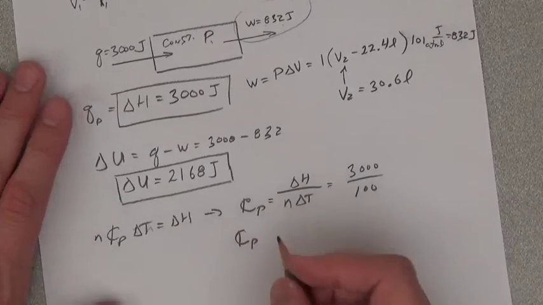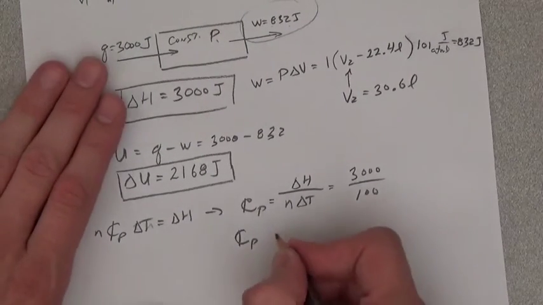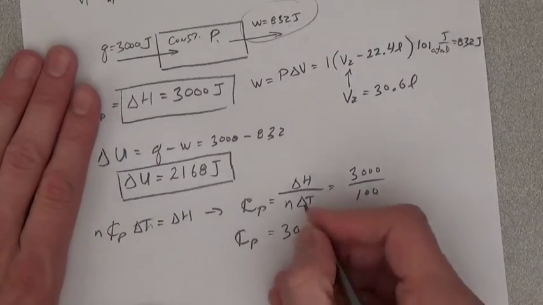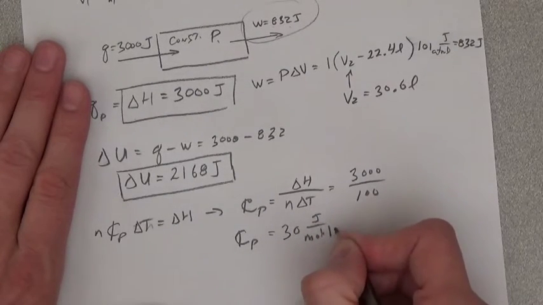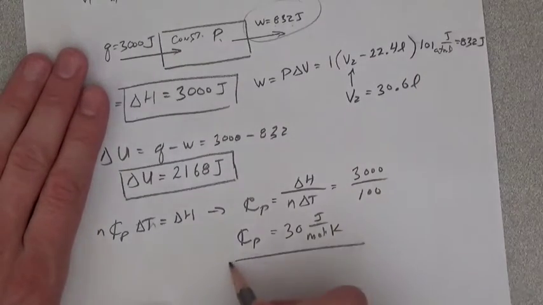The constant pressure molar heat capacity is equal to 30 joule per mole K.